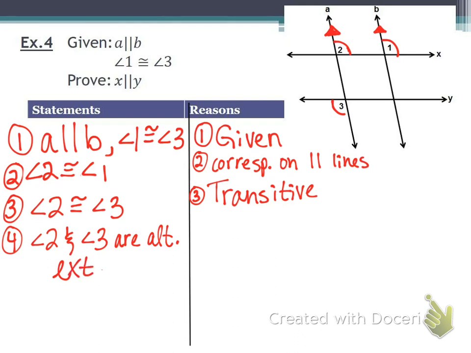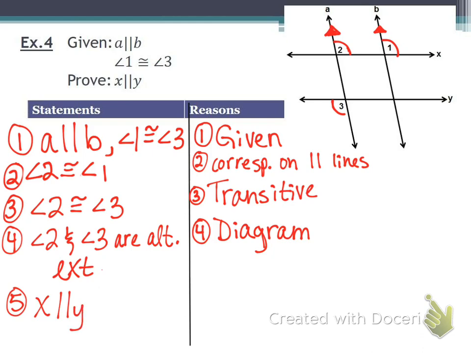That is from the diagram. And now because of that, what can we say about X and Y? They're parallel. So now it can go the other way and we can say X is parallel to Y because alternate exterior angles were congruent. Again, if you want to put converse of alternate exterior angles theorem, that's fine.